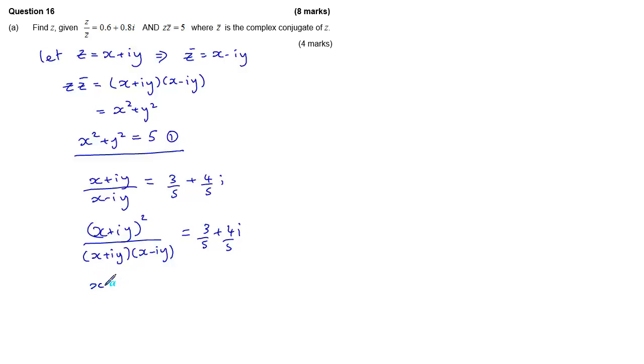So if we expand the top, we've got x squared plus 2xyi minus y squared over 5 is 3/5 plus 4/5 i.